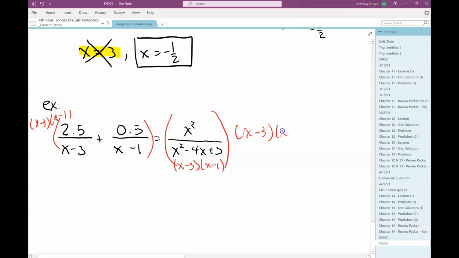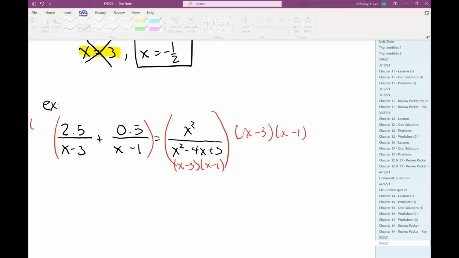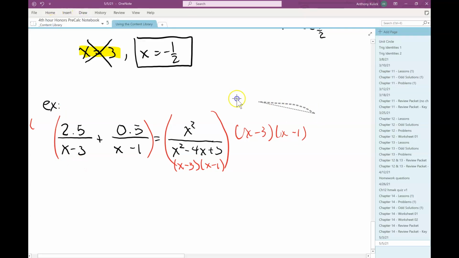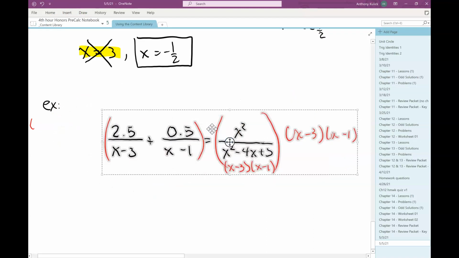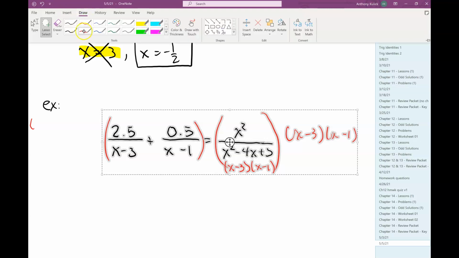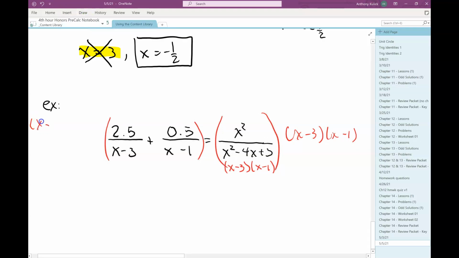Let's actually do this. I'm just going to make some more space. One note forever, guys.